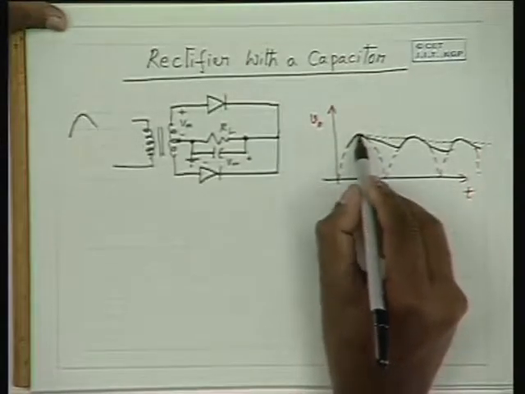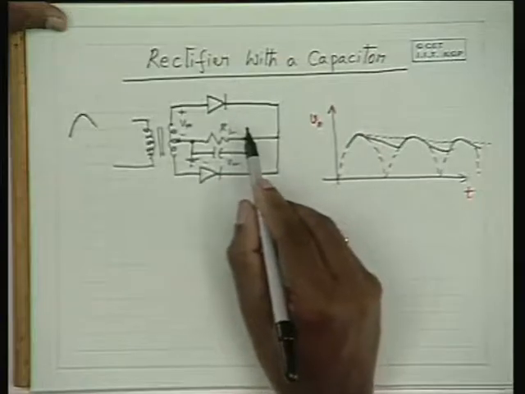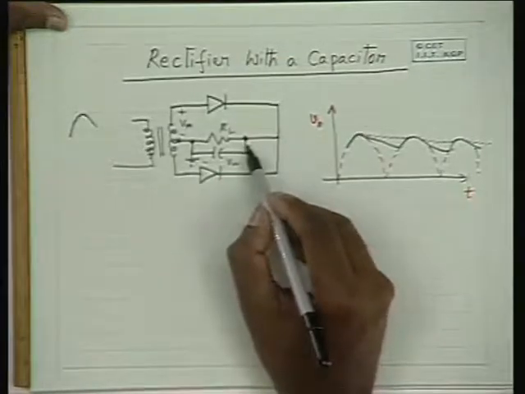Just beyond the peak point the diode becomes reverse biased. Why? Because the output is already charged.